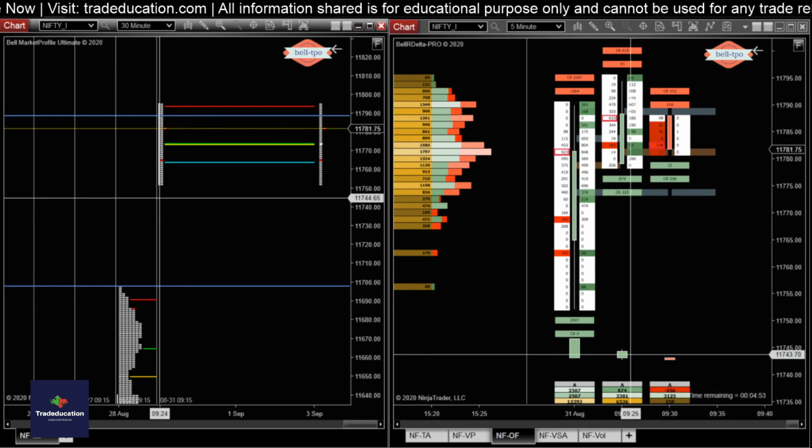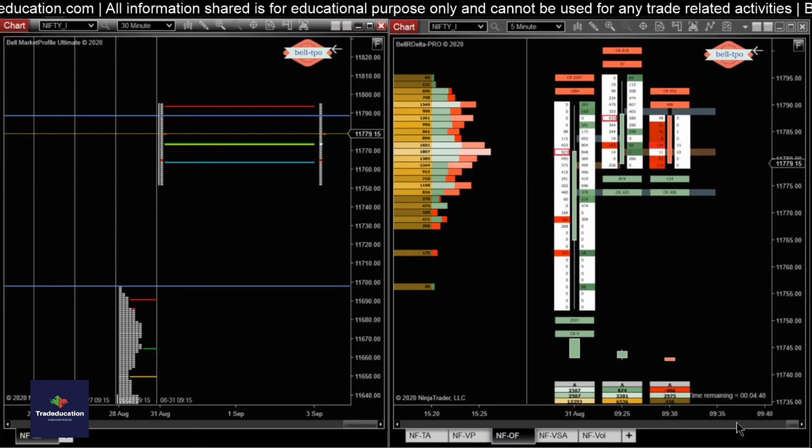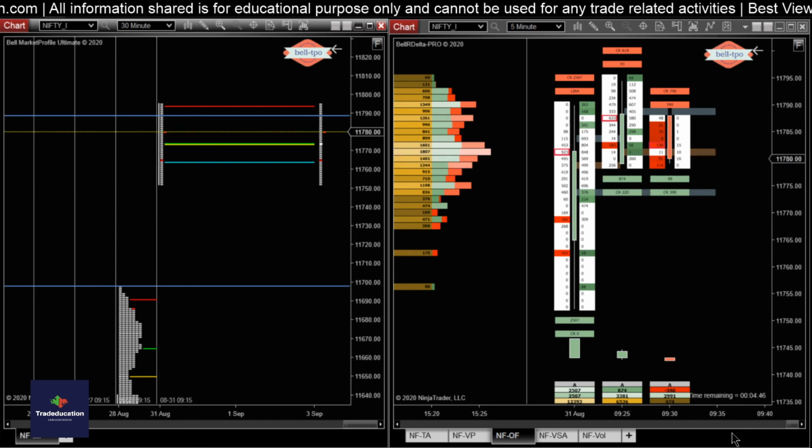The delta is reducing, and see now the momentum sellers stepping in. See the pressure. See the tempo now.